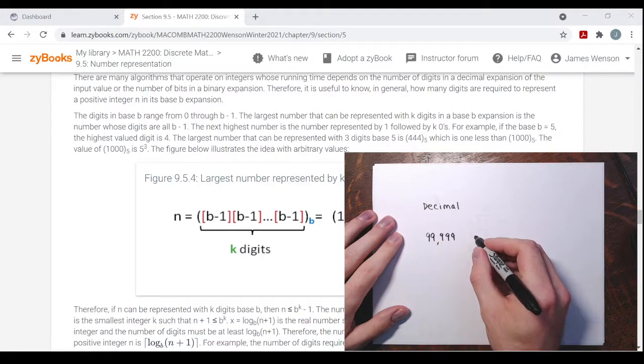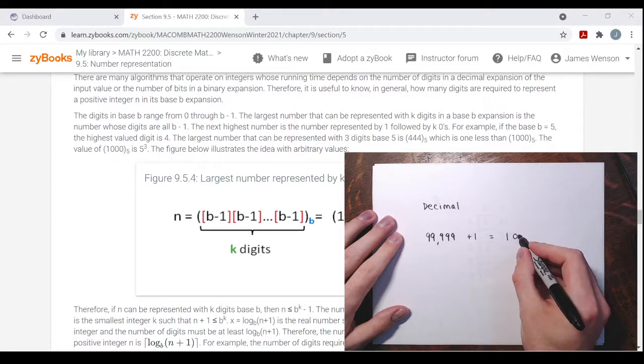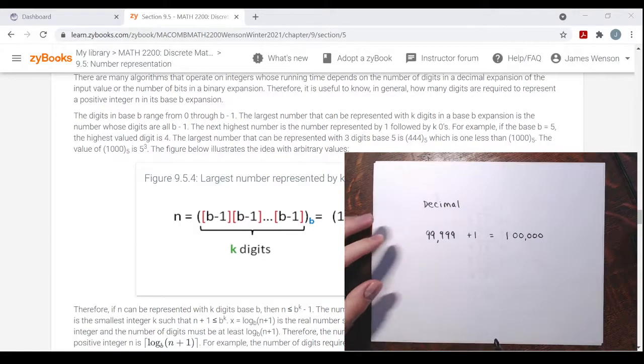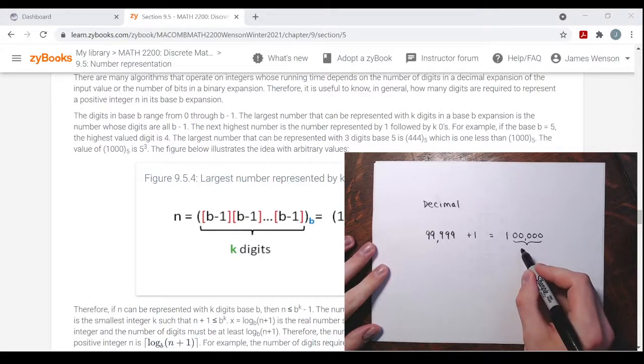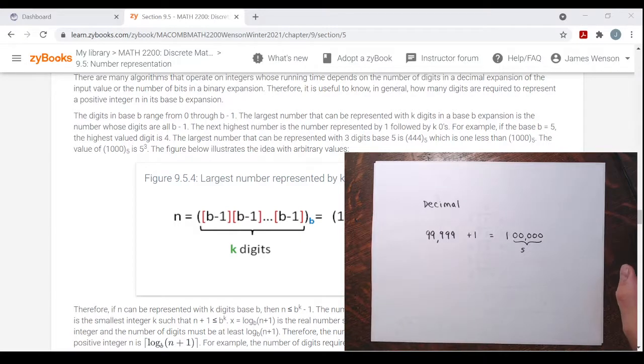Which again, if you just add 1 to this, this is 1 less than 1 with 5 zeros after it. It's 1 less than 100,000. This number of zeros is 5, the same as the number of digits in the 99,999.